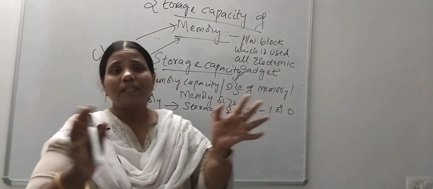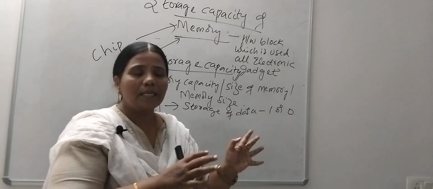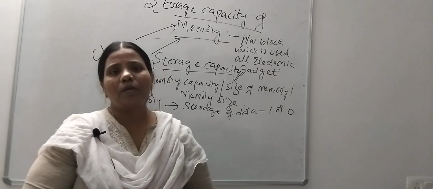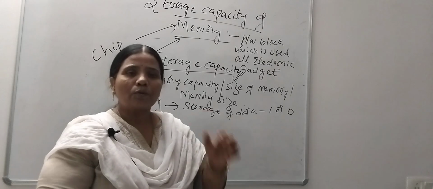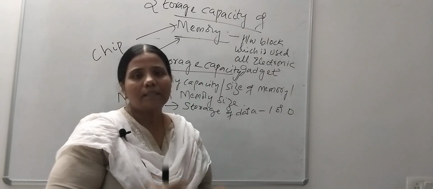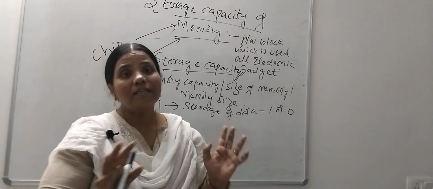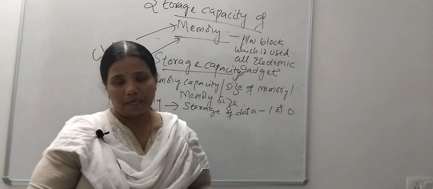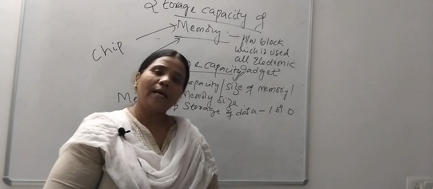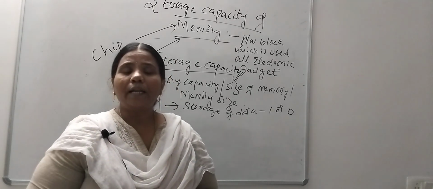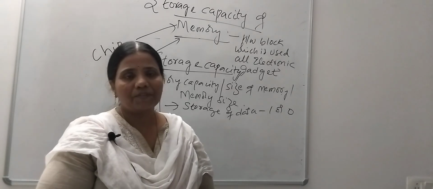Whatever the 30 students capacity in a room is, that is nothing but storage capacity. The room in which we make the 30 students sit can be considered as a memory. That room is capable of storing how many students? 30 students. So you have an example of a classroom of 30 students.